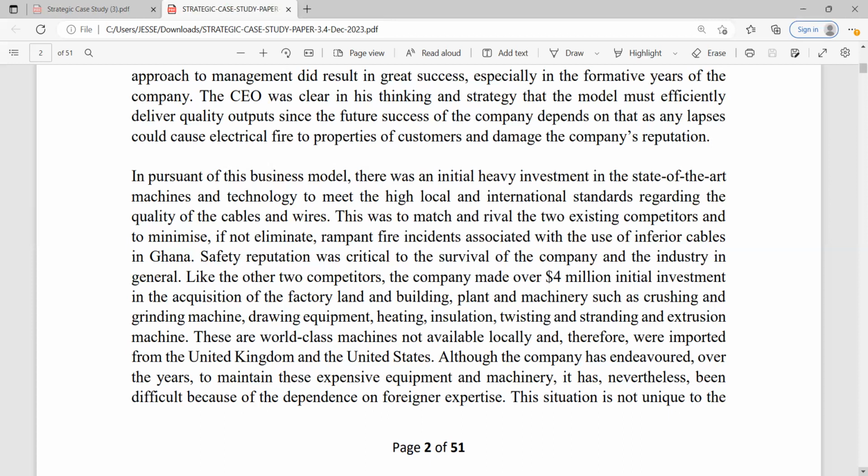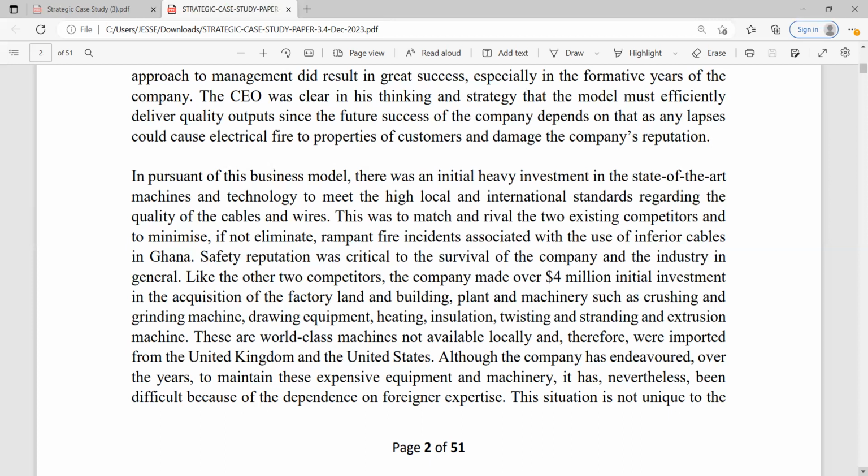The things that are critical to the success of the product, those are what we call critical success factors. It's just like you cannot design a phone which cannot make a call. What's the point of a cable that cannot safely transmit electrical energy and causes fire outbreaks? So that's very, very important.